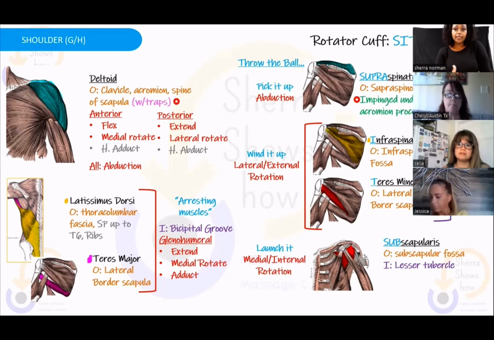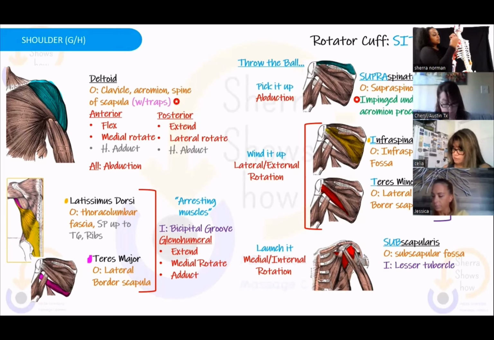And supraspinatus test point, it can be impinged. Supraspinatus passes from the supraspinous fossa underneath the acromion, and it can get impinged there. So when you go to abduct your shoulder, it passes underneath this big bony structure right here.